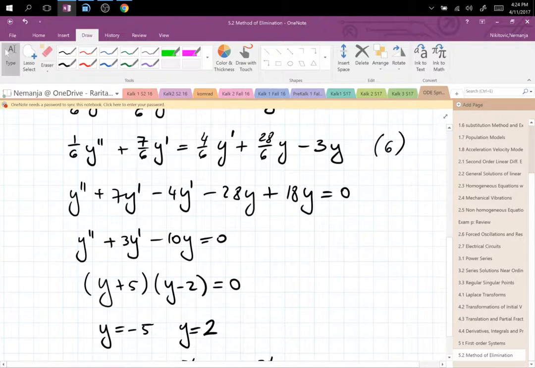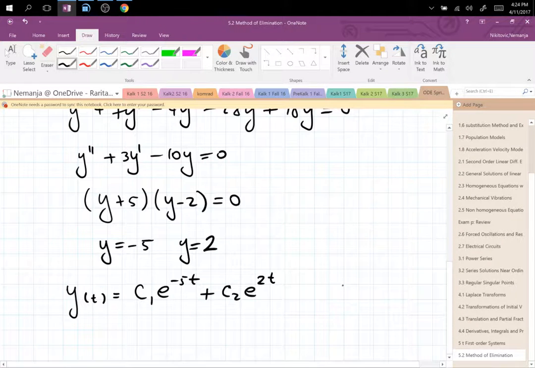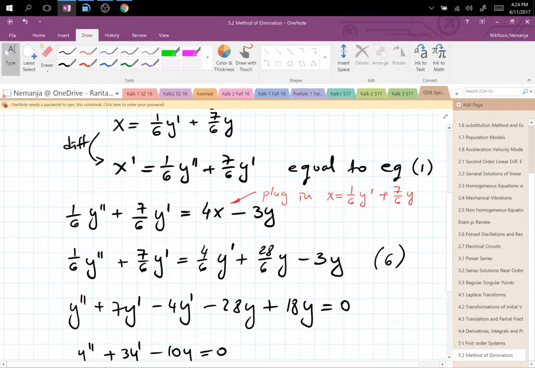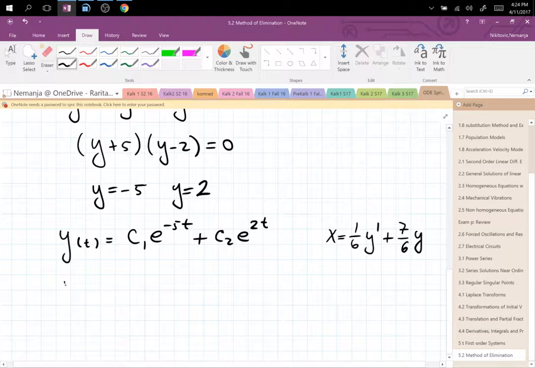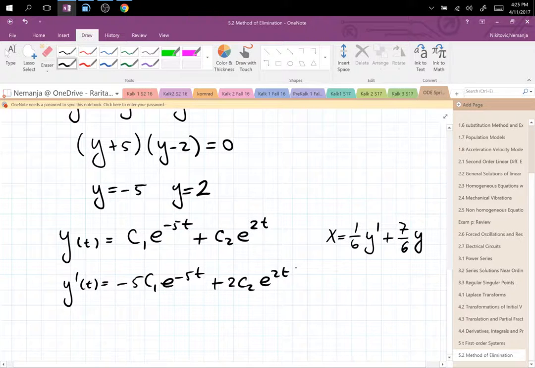So x is equal to 1 over 6 y prime plus 7 over 6 y, if I remember well. Was that true? Of course. So y prime of t is equal to negative 5c1 e to the negative 5t plus 2c2 e to the 2t.